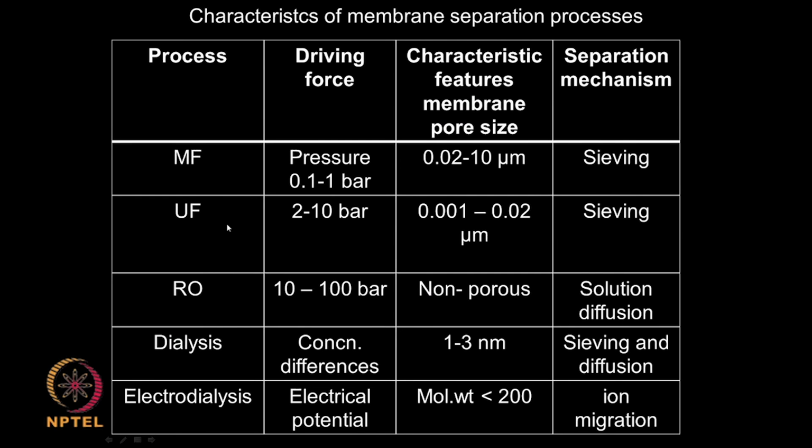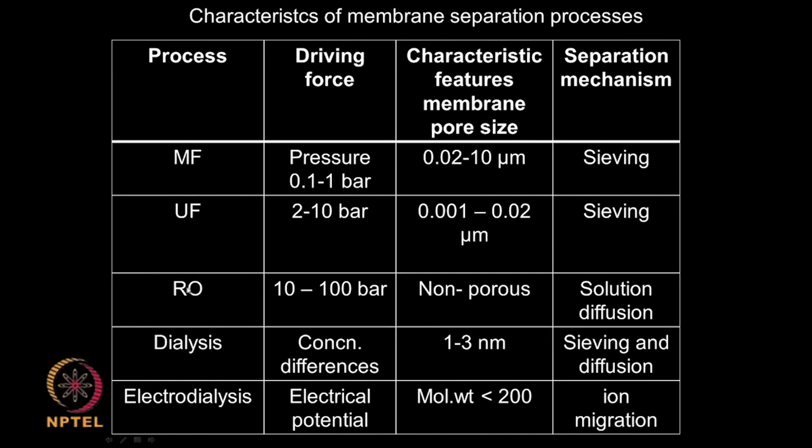Then comes ultrafiltration. Now, you can see the pressure is higher, and the membrane pore size also has come down. So, it has gone down to 0.001 to 0.02. Again, this is also based on sieving. So, I can capture smaller particles, I can also capture molecules of different molecular weights using this, but of course, the pressure is high.